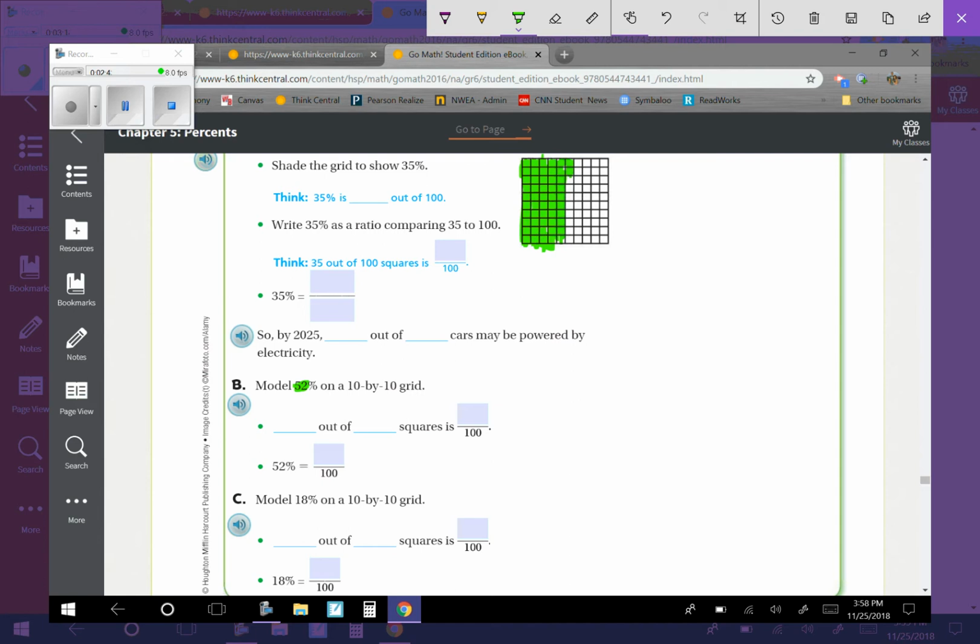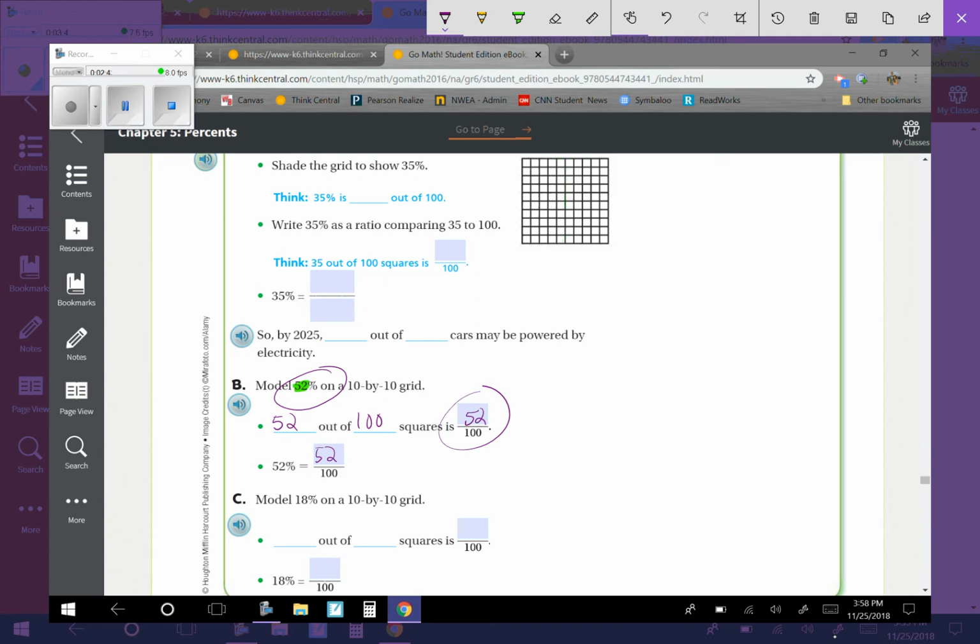Let me go ahead and fill the rest of this real quick. So 52% is 52 out of 100 squares, which is 52 over 100. All it's saying is that this is a way to write this percent as a ratio. So 52% is 52 over 100.